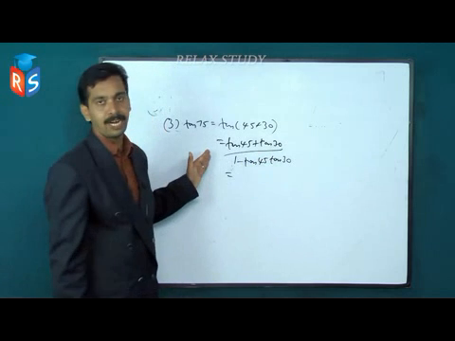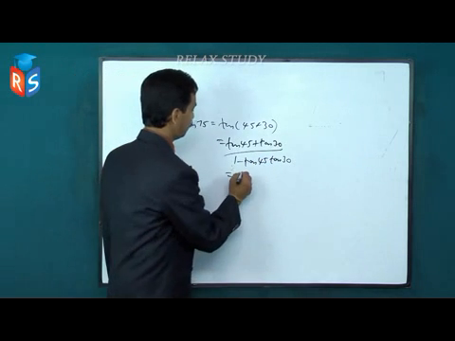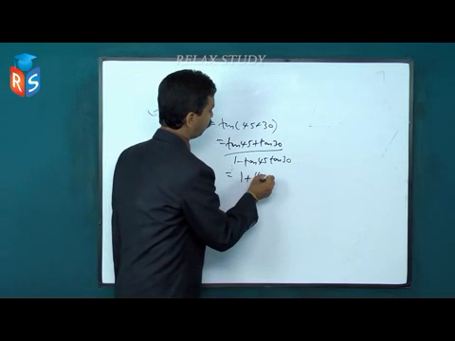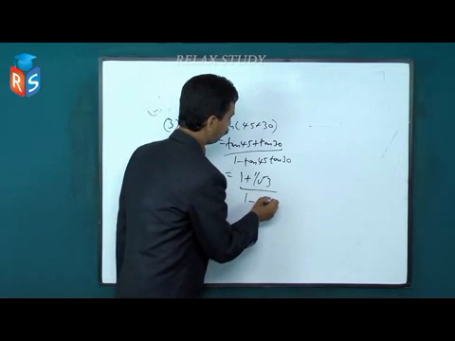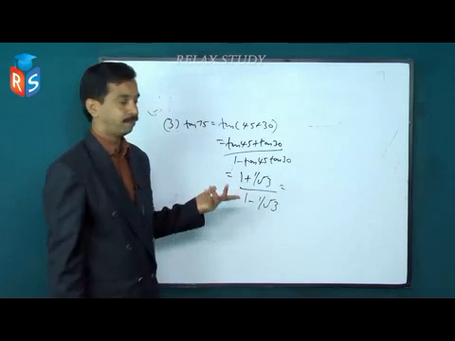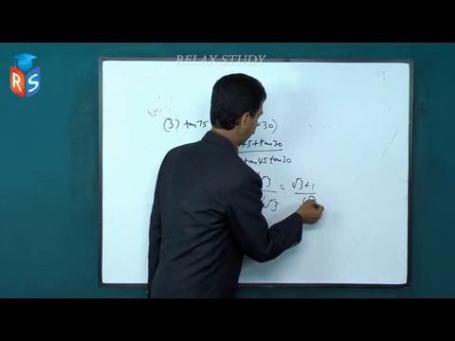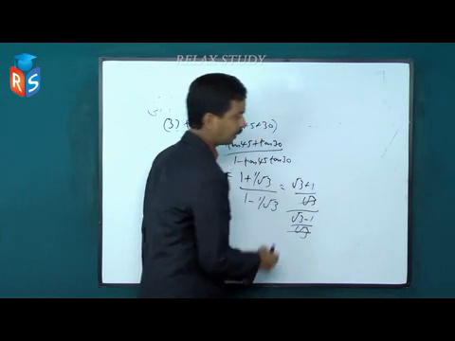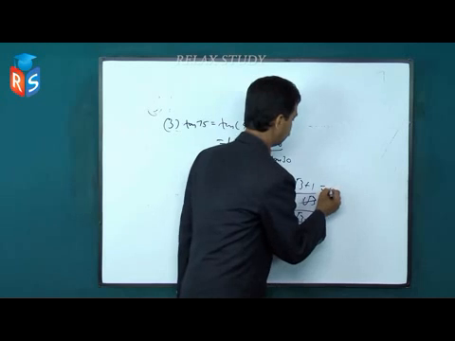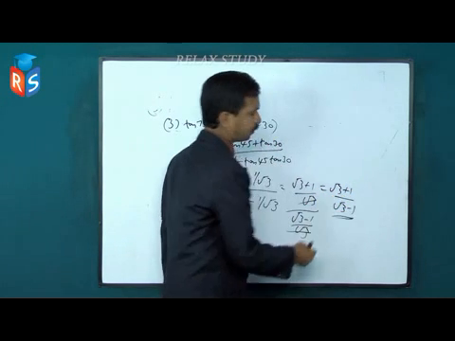Here also replacing the values of tan 45 and tan 30. So the answer is 1 plus 1 by root 3 divided by 1 minus 1 by root 3. Taking the LCM, root 3 plus 1 by root 3 divided by root 3 minus 1 by root 3. The answer is root 3 plus 1 by root 3 minus 1.